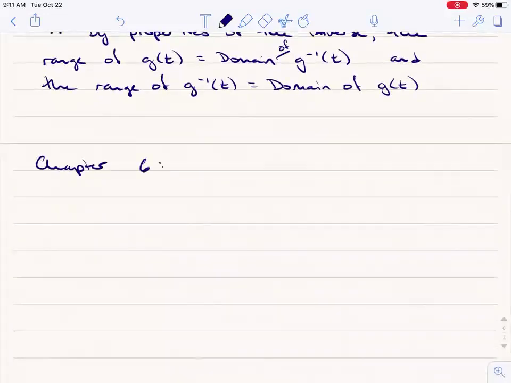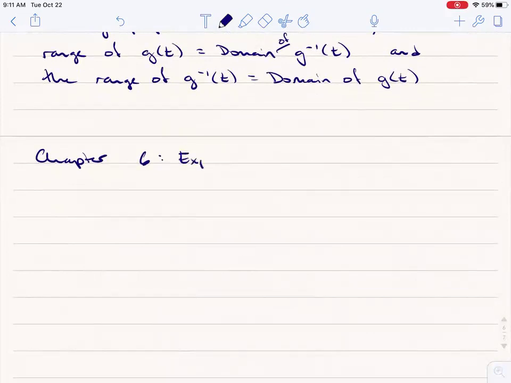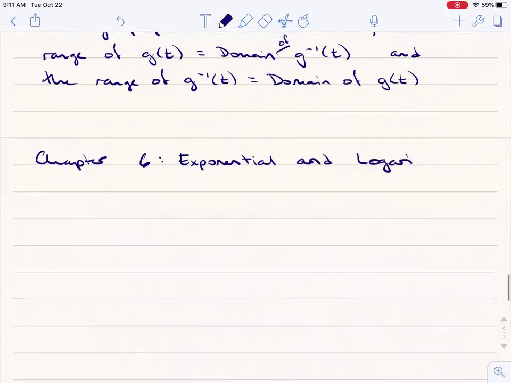Chapter 6: exponential and logarithmic functions.